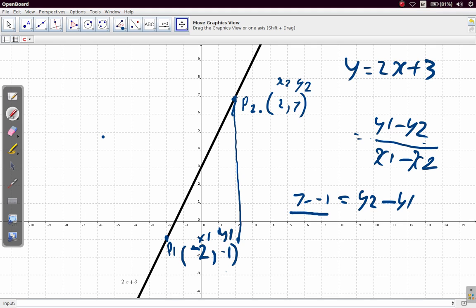What about the run? I'm going to divide by the run. How much does it run left to right? Let's see. It was 1, 2, 3, 4. It's 4 to the right. But then, the difference in the width is this.